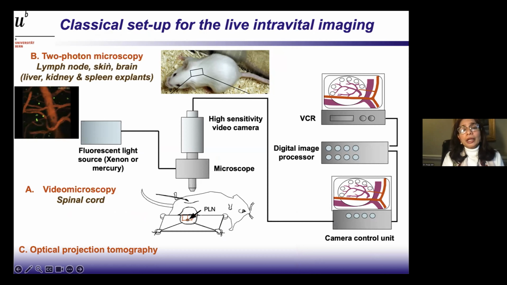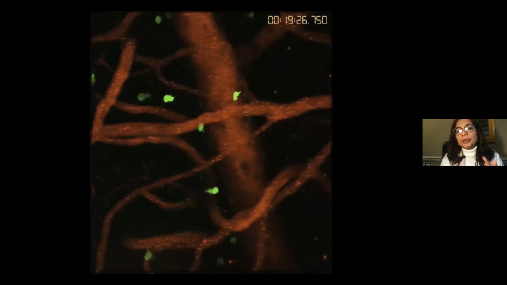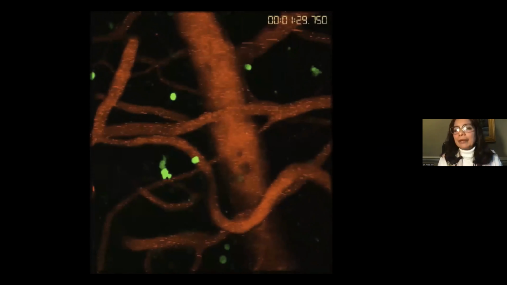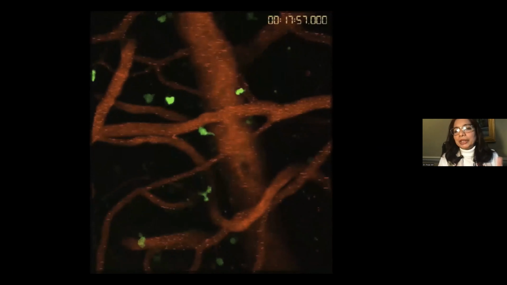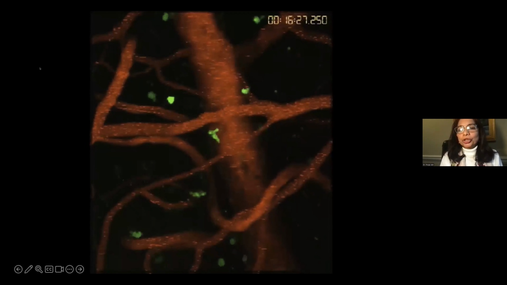Now, when I was interested in seeing the behavior of dendritic cells in the brain, I could use 2-photon microscopy, because 2-photon microscopy requires that the area under view be very stable. This image, again from the film, is from 2006 or 2007, a very early first generation 2-photon microscope.